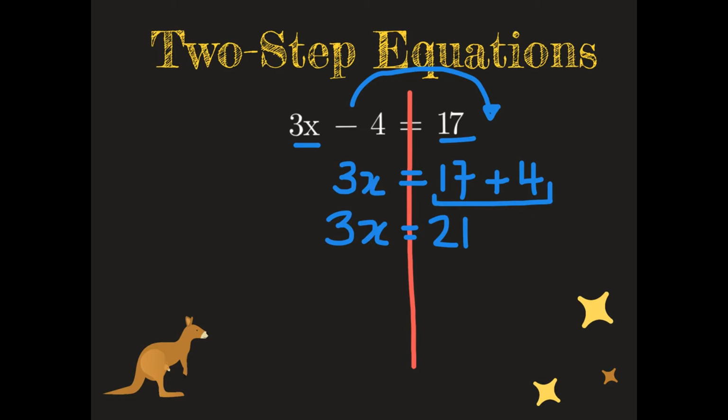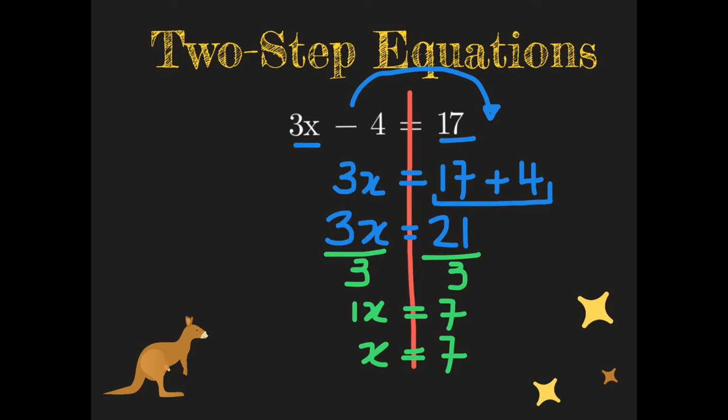So we are going to divide both sides by 3 to get rid of that 3 on the left side and move it over to the right side. 3 divided by 3 will give us 1x. 21 divided by 3 is going to give us a 7. And we don't need to write the 1 next to the x, so I'm going to rewrite that. It's going to be x is equal to 7, and that's our final answer.